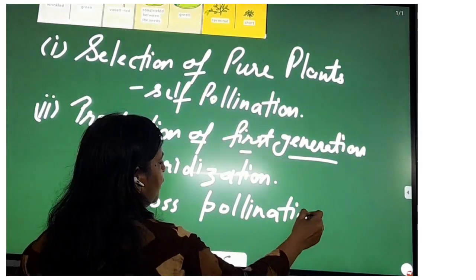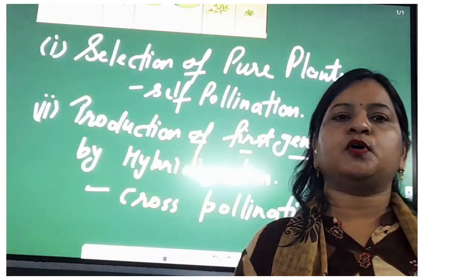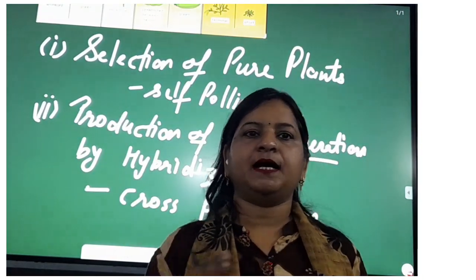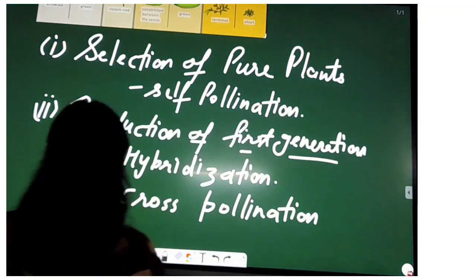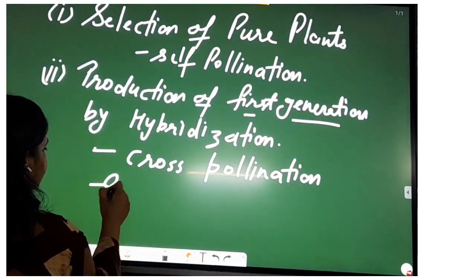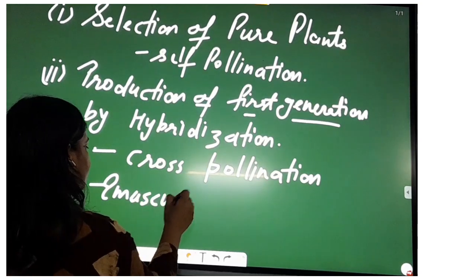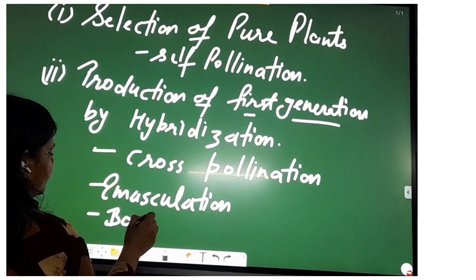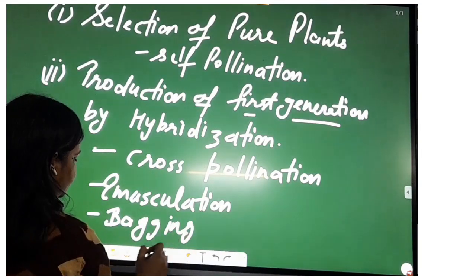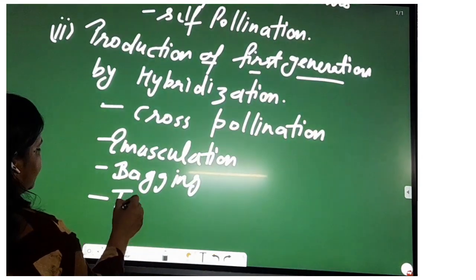So he obtained it by doing cross pollination. And you know, if you want to cross pollinate from one pure plant to another pure plant, then you have to follow 3 conditions: emasculation, bagging, and tagging.